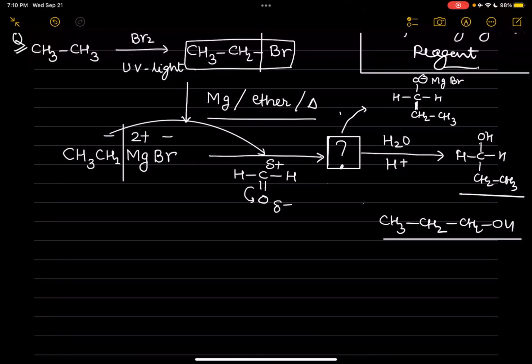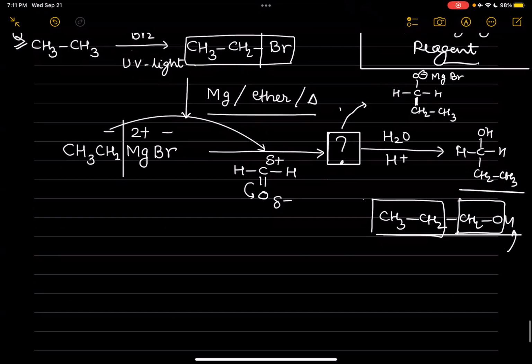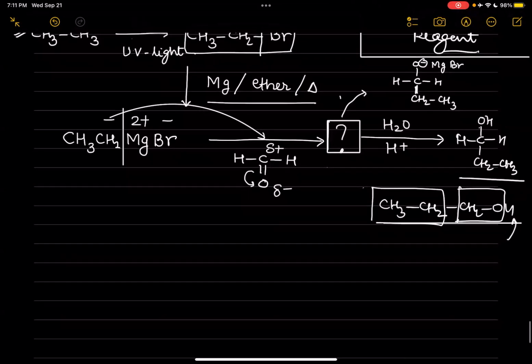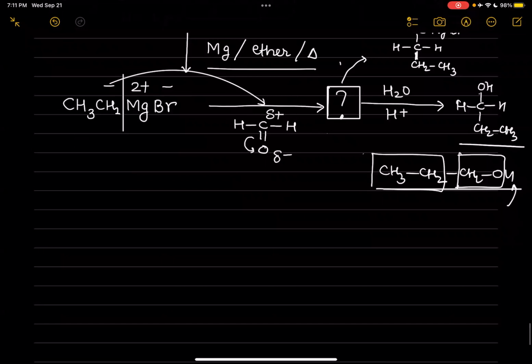Actually, if you write it in a straight line, this is what it is. We started with this, and this we took in the form of aldehyde, and this came from the water. So if you react the Grignard reagent with the smallest aldehyde, that is formaldehyde, you are going to get an alcohol with one more carbon atom. Is it clear?